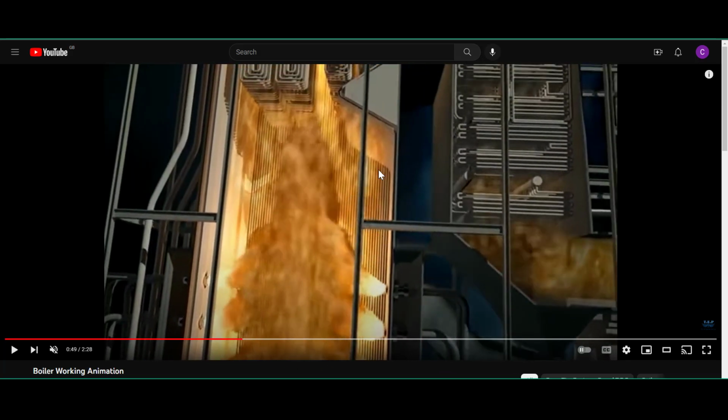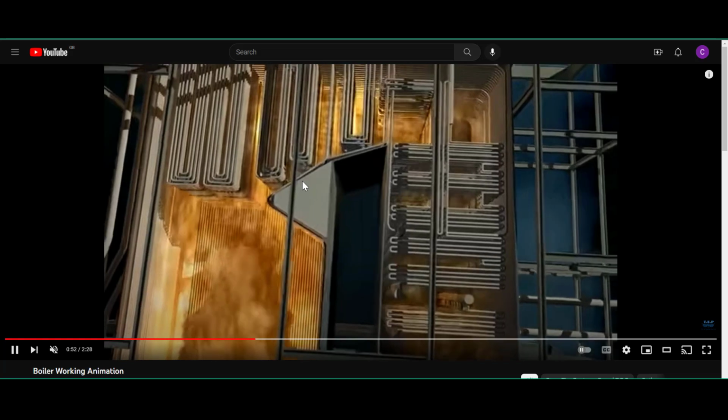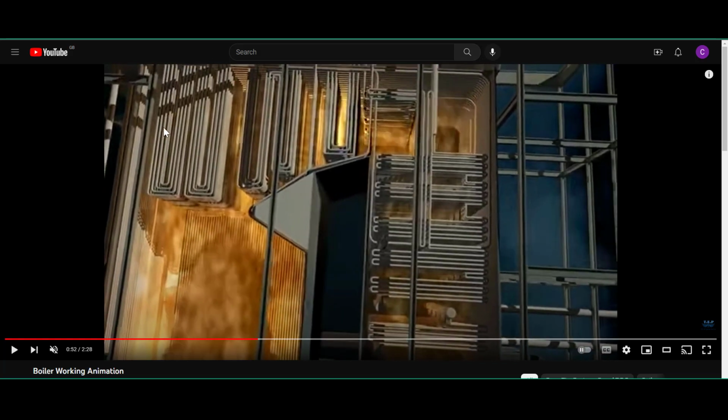This is all empty space, the radiant section, where the heat is being transferred from the flame to the tubes via radiation. And then this flue gas is moving upwards. Now here you have the convective section where, as you can see, you have rows and rows of tubes that contain the process fluid, and this flue gas, as it goes up, uses convective heat transfer, so you have a heat exchange between the flue gas and the process fluid.